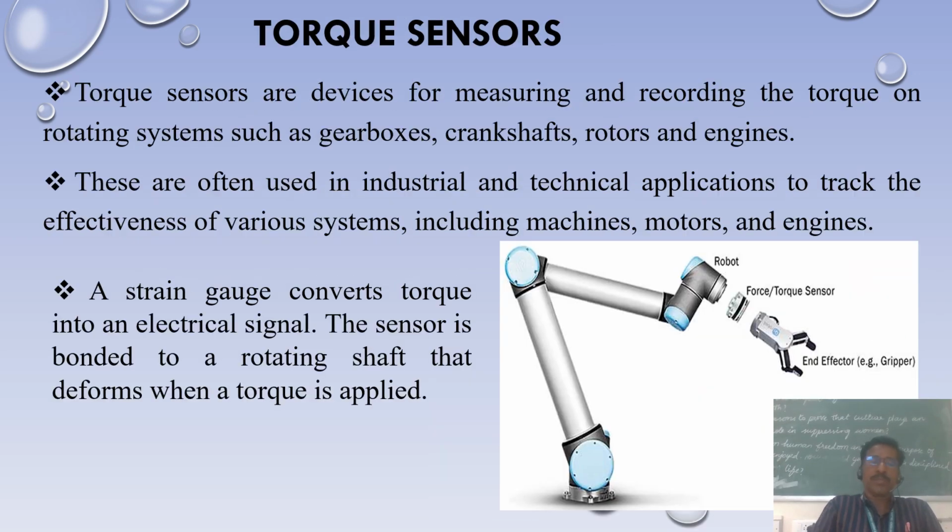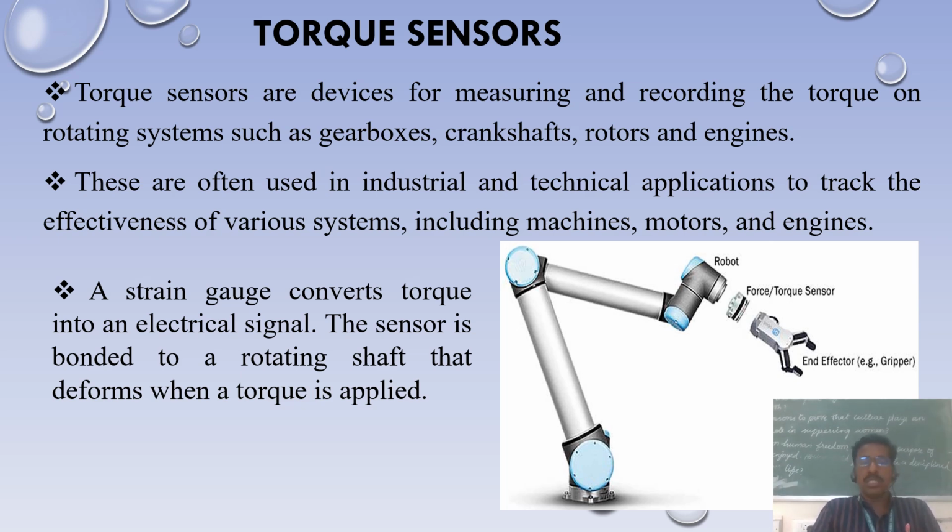Next one, the torque sensor. Torque sensors are devices for measuring and recording the torque on rotating systems such as gearboxes, crankshafts, rotors, and engines. Generally these sensors are placed in a joint area for rotating action, and they measure how far it is rotated, the degree of rotation, and that degree data is stored in the storage devices.